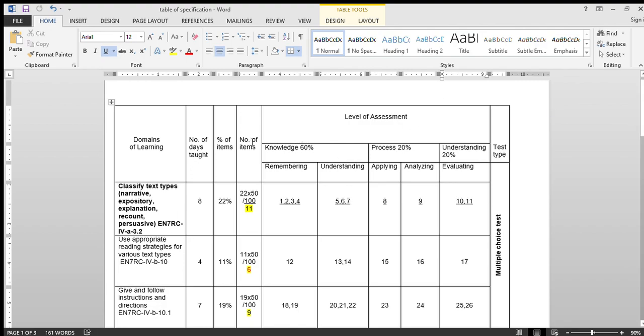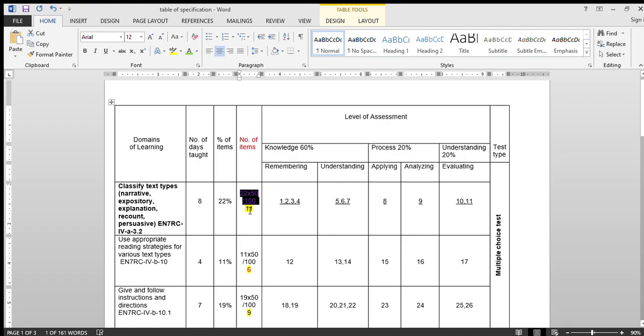So again, to determine the number of items, you are just going to multiply the percent of items by your total number of items. So this is the formula on how you are going to get the number of items.